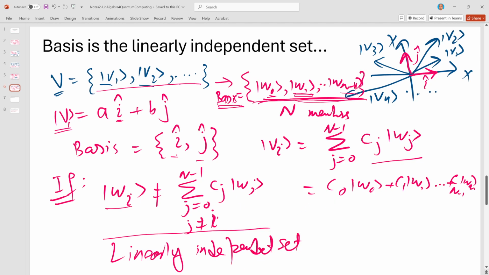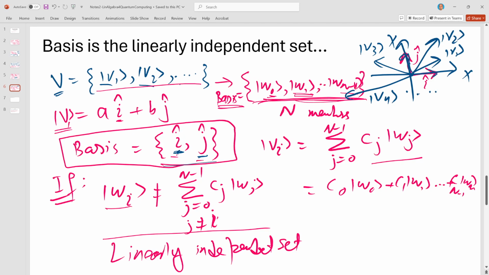So just to give you an example, this set is linearly independent, okay? Because you cannot express i in terms of j, because i is along this direction and j is along this direction. So in i's representation, there's nothing in j. Similarly, j cannot be written in terms of i.